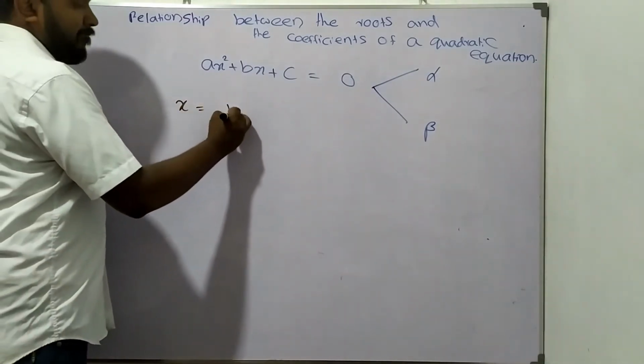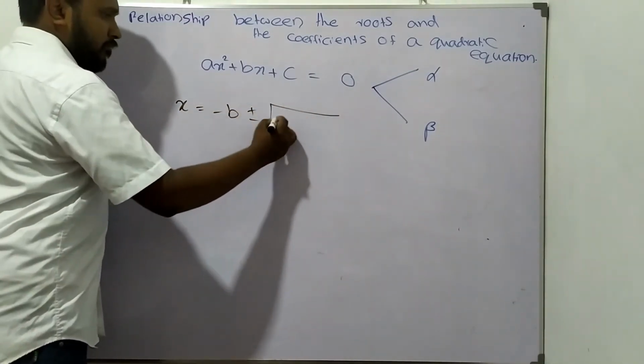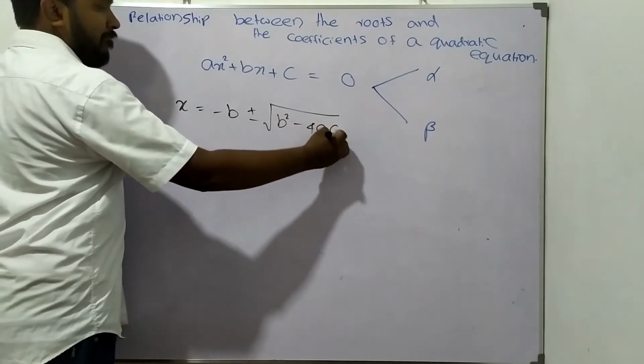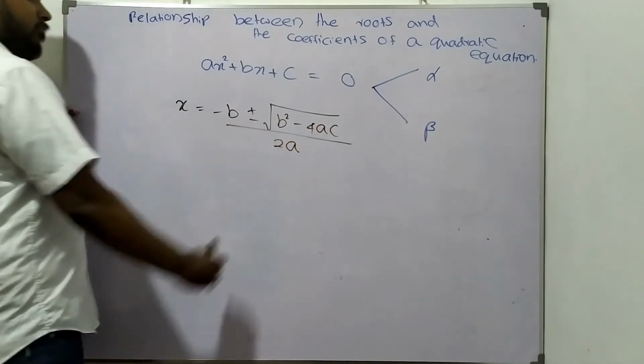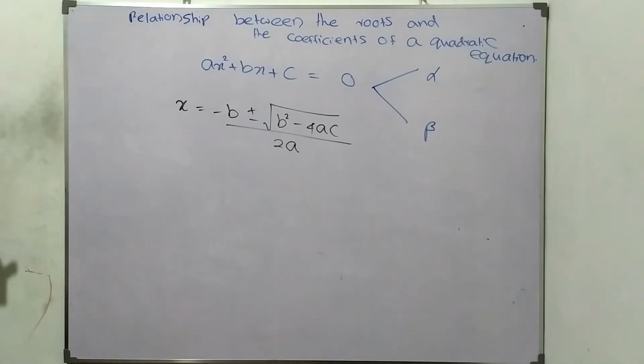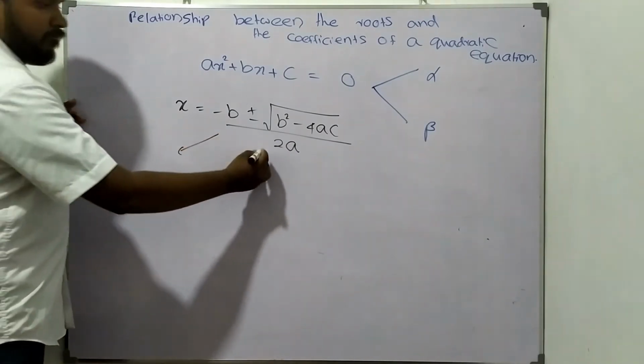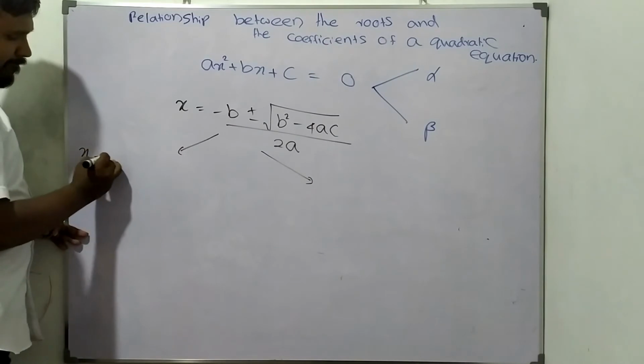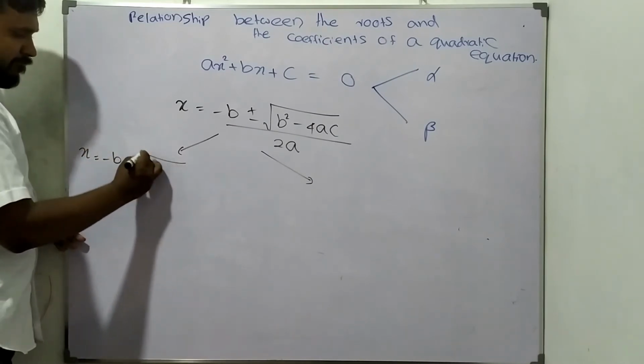And according to our main equation, this is our equation of the roots, and separately I'm going to equate this root to alpha and beta.